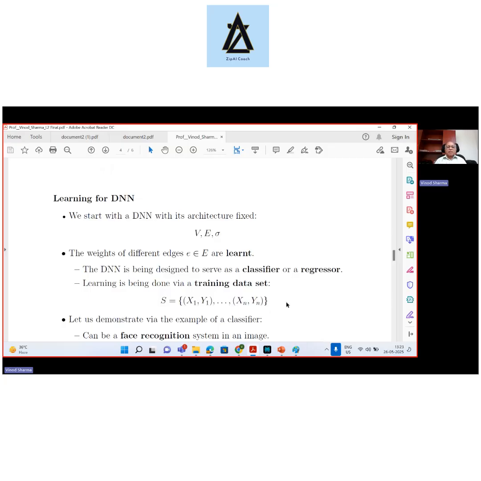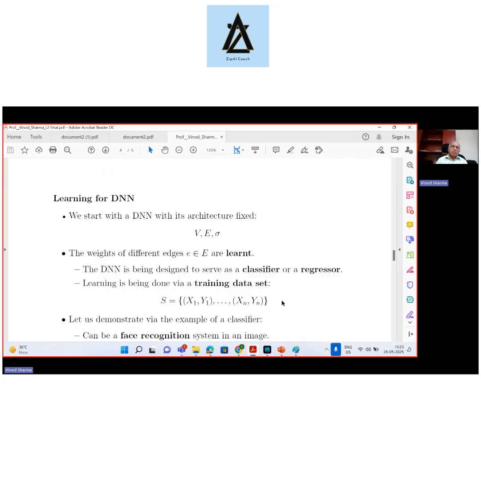Given this, we want to train the deep neural network, in other words, get the weights once these parameters are fixed, so that the classifier that we obtain will be able to classify among those possible images of the persons.